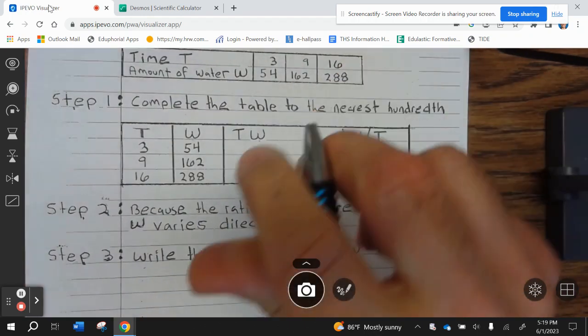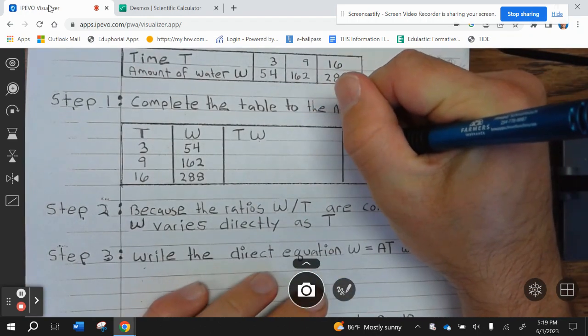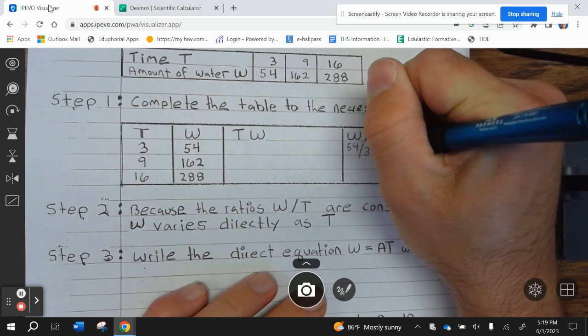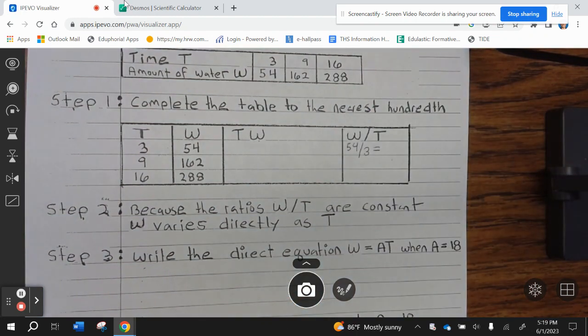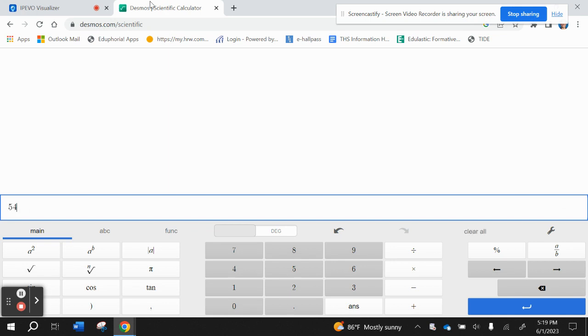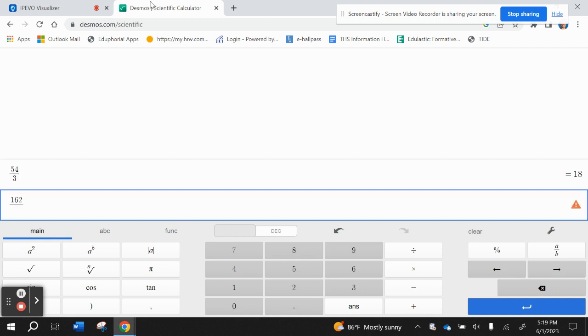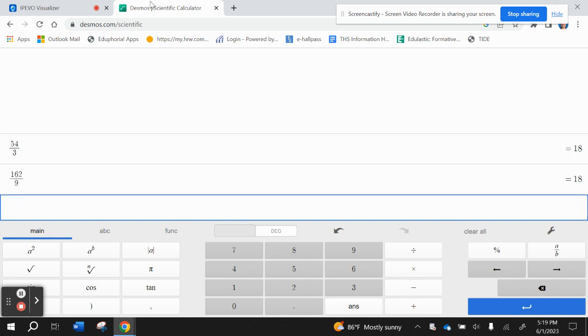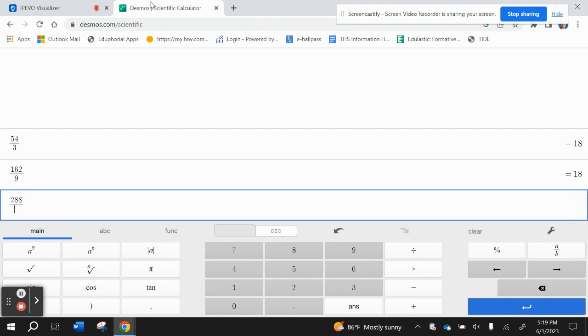So 54 divided by 3. And then 162 divided by 9. And 288 divided by 16.